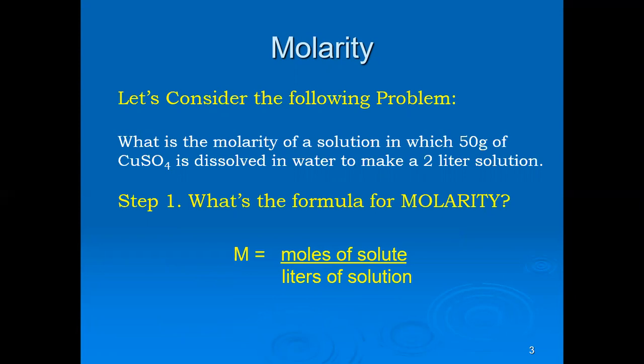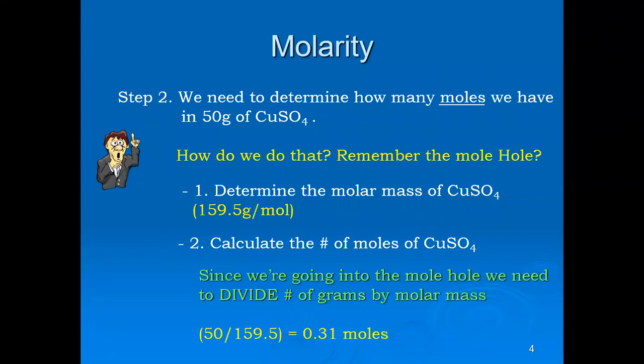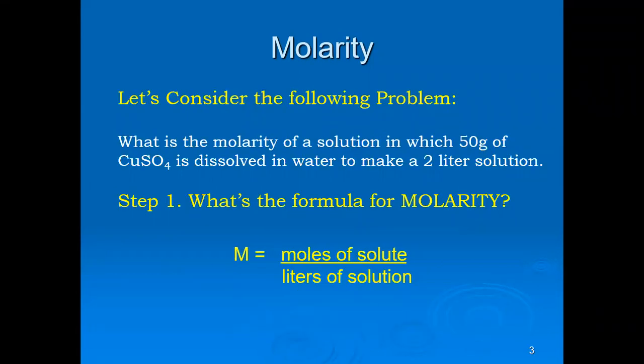So what you have to do is write the formula of molarity, which is moles of solute divided by liters of solution, or dm cube of solution. Step number 2 is to determine how many moles we have in 50 gram of copper sulfate, because the formula needs moles of solute.